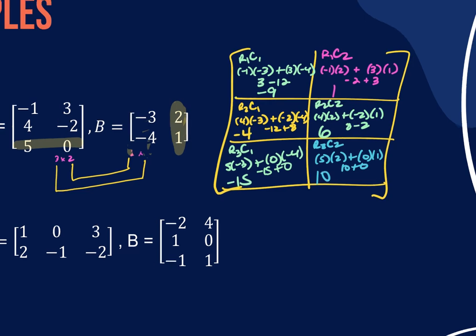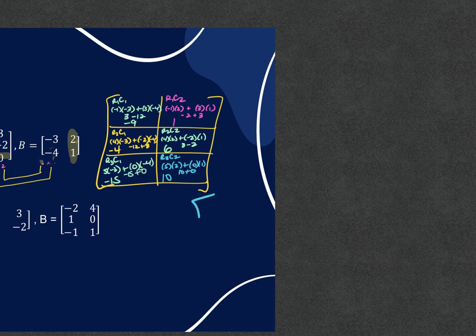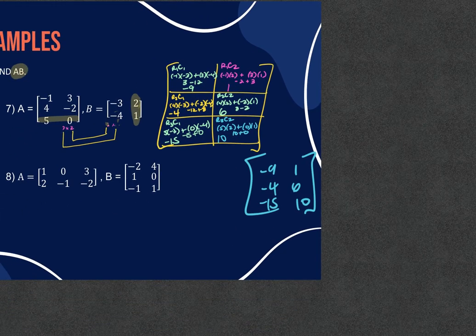Like on WebAssign, it will just give you those individual cells. If this was a quiz or a test, you just rewrite those neat for me so that all that mess is not there. And that would be the multiplication or the product of those two.